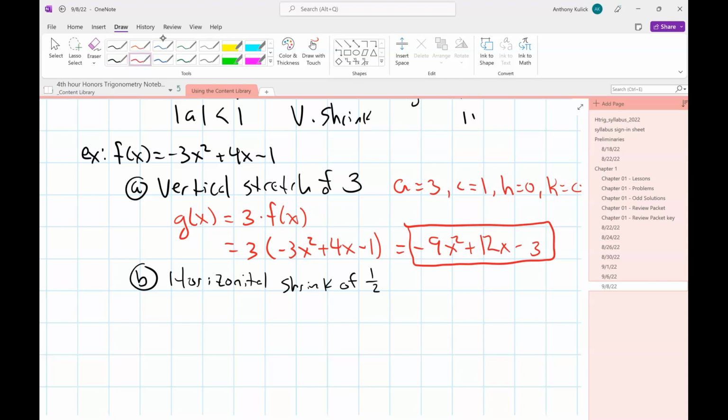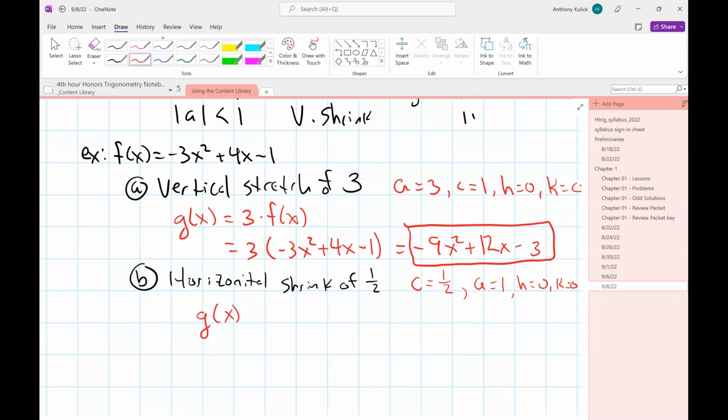Okay. So let's say that the horizontal shrink is 1/2. Since it's horizontal, I know we're talking about the C. And since it's shrinking, I know that it should be a number less than 1. So we got 1/2 there. Nothing's happening vertically and no translations are going on, so the H and K are 0 and the A is 1.